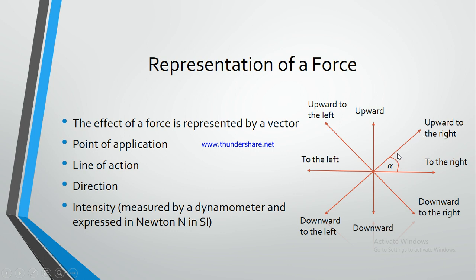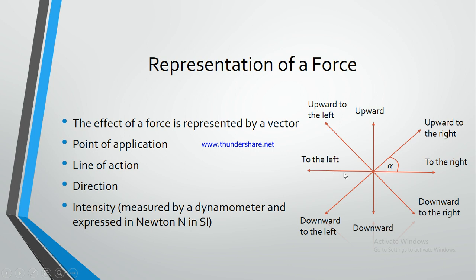But we have infinitely many oblique forces, so we have to be clear and say that it makes an angle alpha with a horizontal plane. And so the line of action is a line that holds this force. And the direction depends on the line of action.